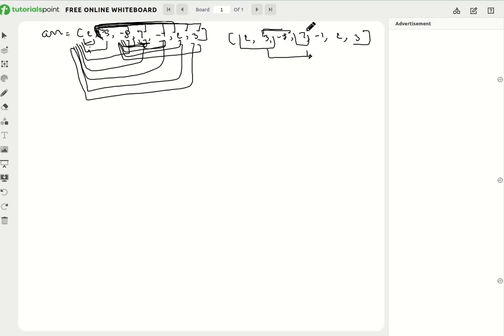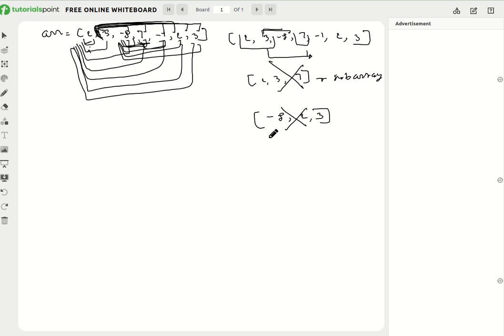But if I take 2, 3 and then 7, excluding minus 8, this is not a subarray, right? And if we take minus 8 and then 2 and 3, this is also not our subarray.